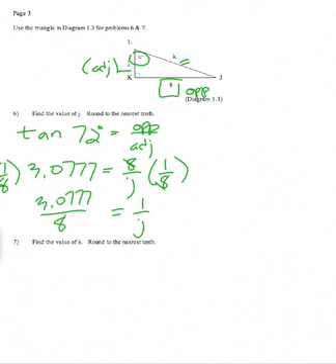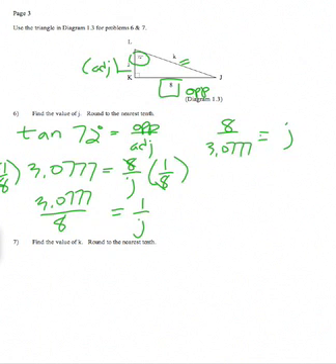Now we know that there's a mathematical law that allows you to take the reciprocal of the left side and the reciprocal of the right side, and they'll still be two equal values. So let's do that. So we'd be left with 8 over 3.0777, and on the right side we'd be left with j over 1, or I'll just notate it as j.